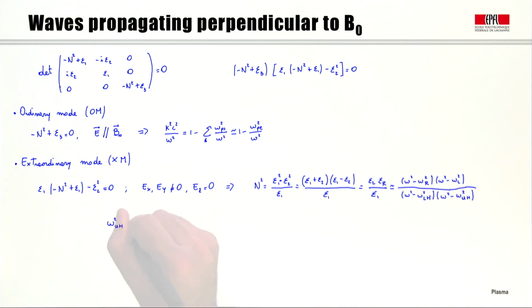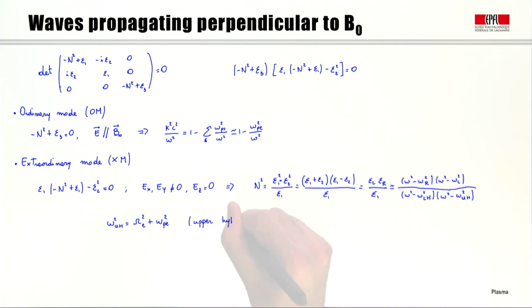Omega UH squared is given by omega ce squared, the electron cyclotron frequency squared, plus the electron plasma frequency squared. And we have denoted it as UH, as we call it upper hybrid frequency. It's a hybrid frequency as it involves both the cyclotron and the plasma frequency.